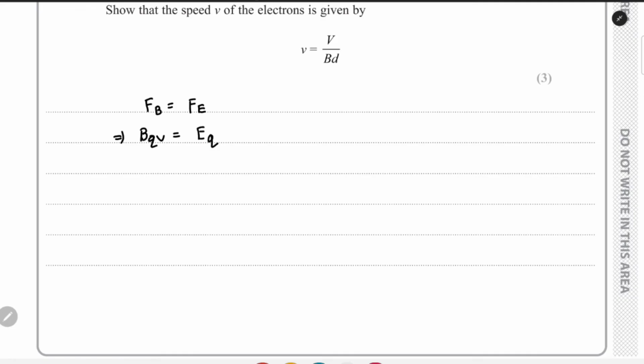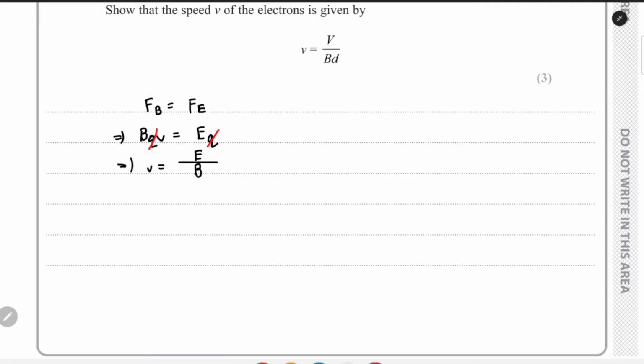E is the electric field strength, B is the magnetic flux density, Q is the charge, and V is the velocity. We can cancel out the charge on both sides, and then if I make V the velocity the subject, I'll be left with the electric field strength divided by B.